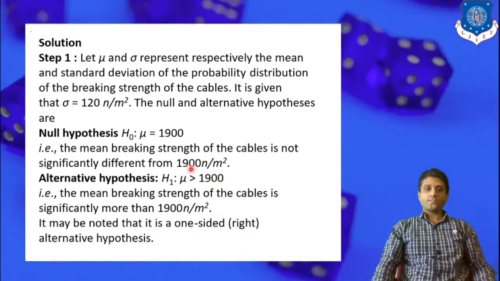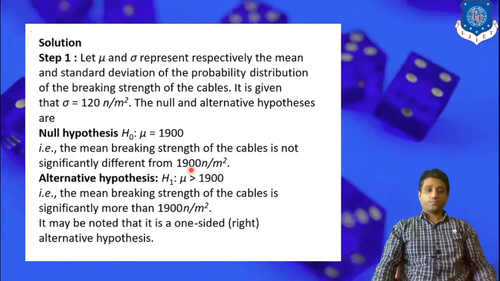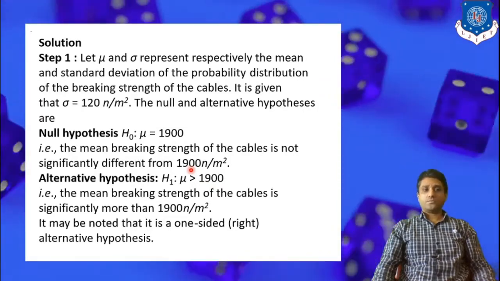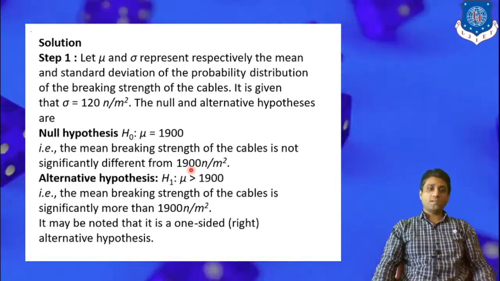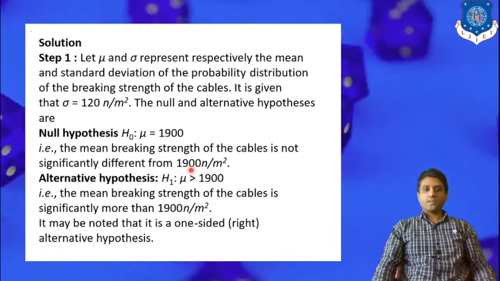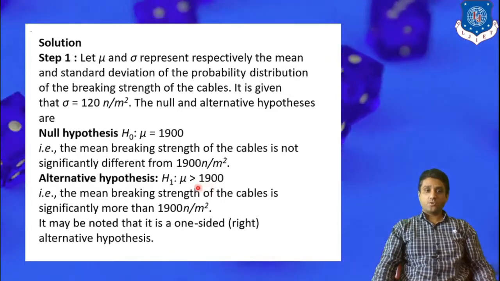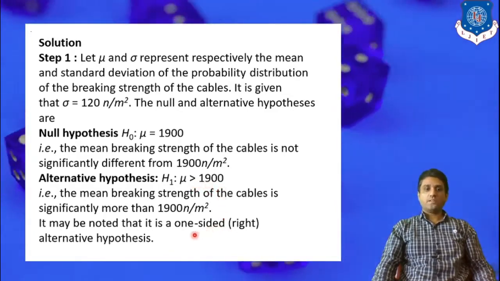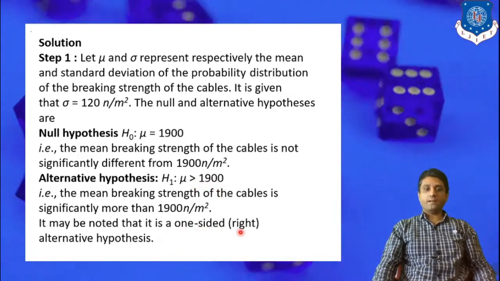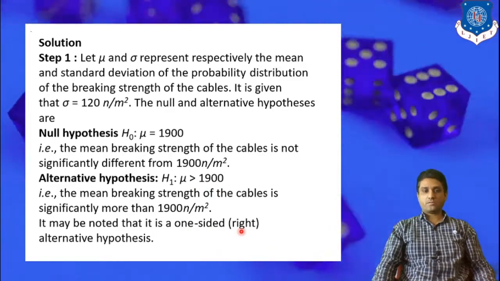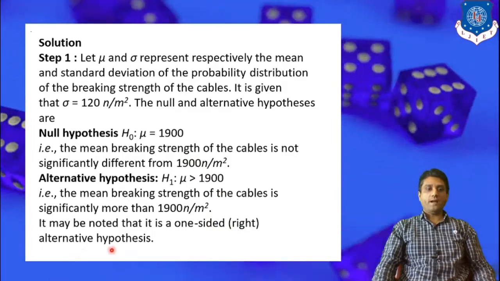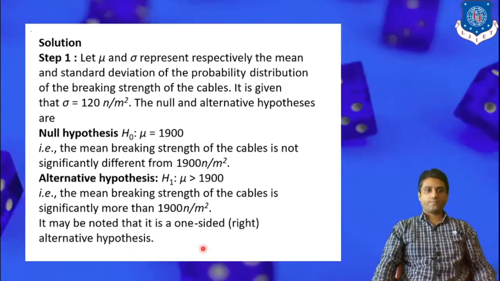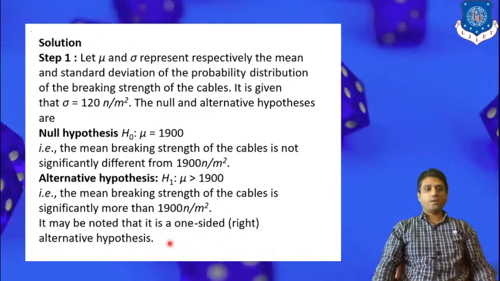And if the manufacturer claims that using the strategy they developed, the breaking strength of the cable is decreased, so mu is less than mu 0, in that case we consider a one-sided left alternative hypothesis. According to the definition, here the one-sided right alternative hypothesis is suitable. So step number 1 is complete.